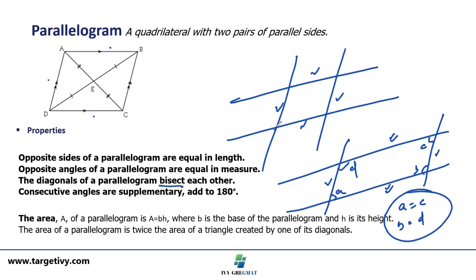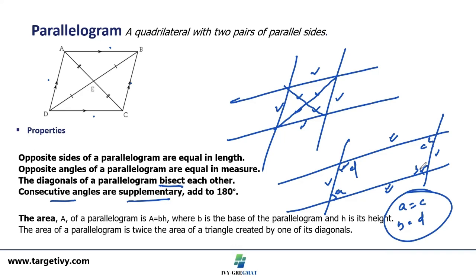So diagonals will bisect. That means they will break up into two parts. Consecutive angles are supplementary. That means this plus this, or this plus this, is 180. Clear?